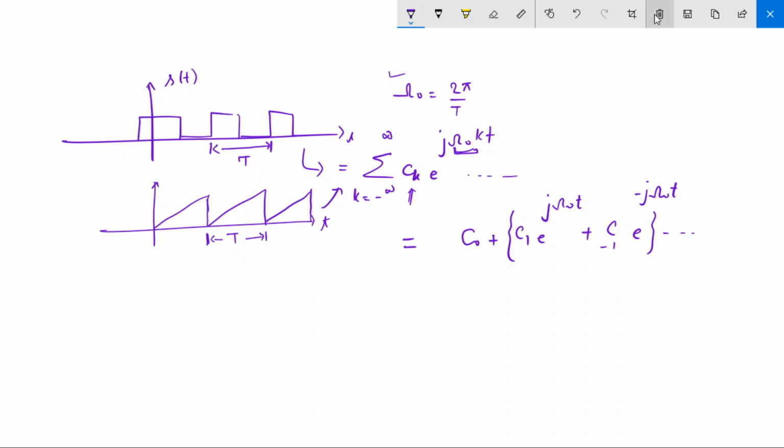This signal itself can be generated from sine and cosine or complex exponential signals. And how that is done, I will give one more example on this.